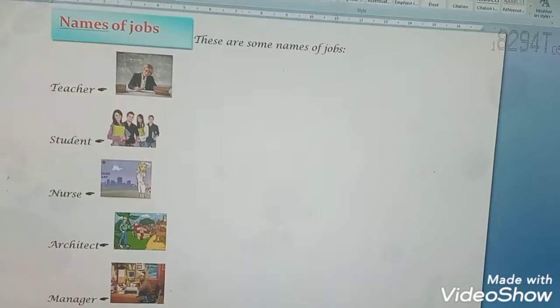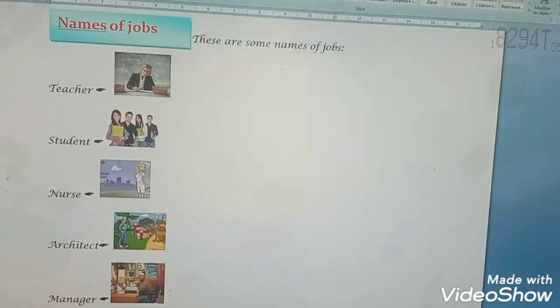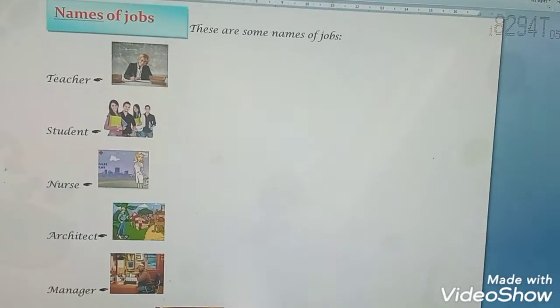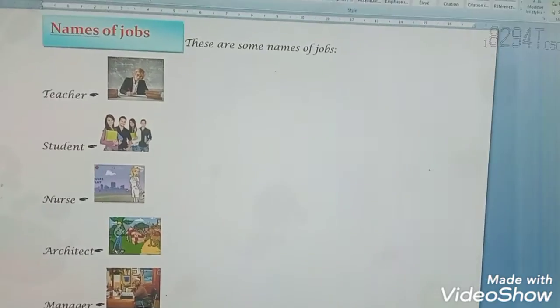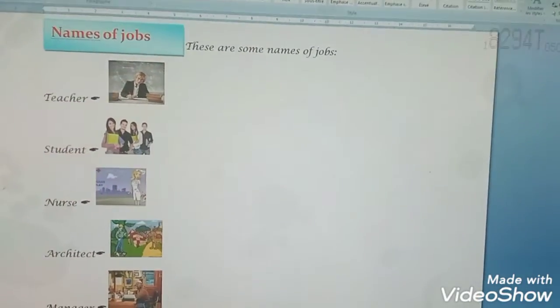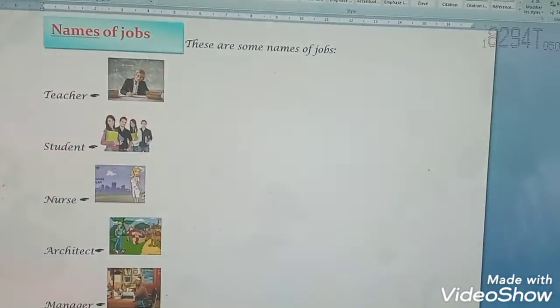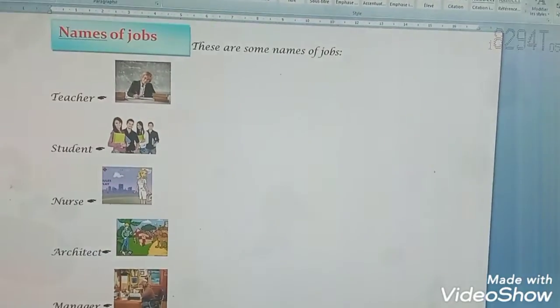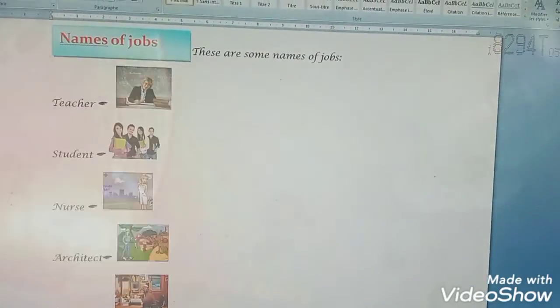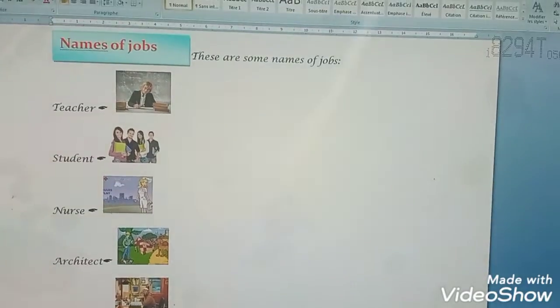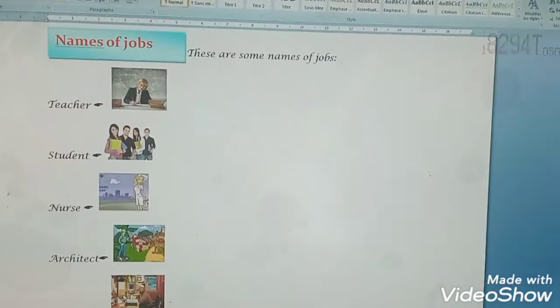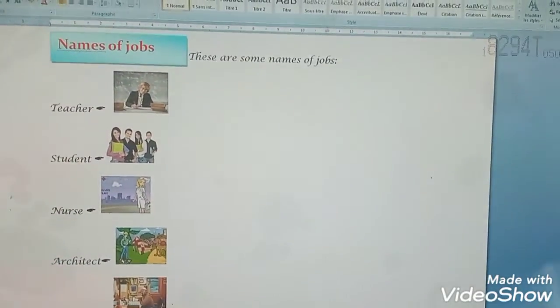We move to names of jobs. There are some names of jobs. We shall repeat, look at the pictures, then guess what they are. So the first one, teacher. Student. Nurse. Architect.